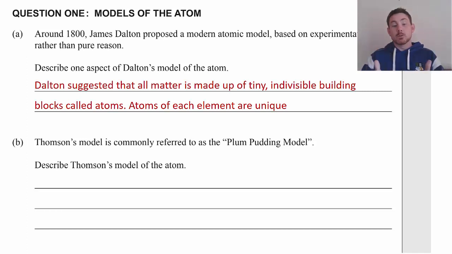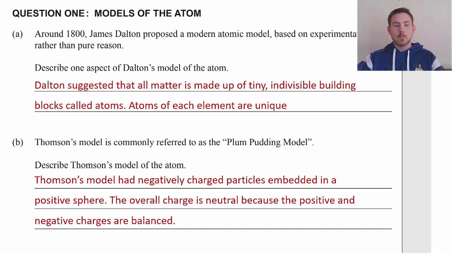And the overall charge was neutral because there was an equal amount of negative and positive charge. The describe in question A would make that one an achieved level response. In B, it's describe again, but if you go on to talk about the overall charge being neutral, then that would get you a merit.